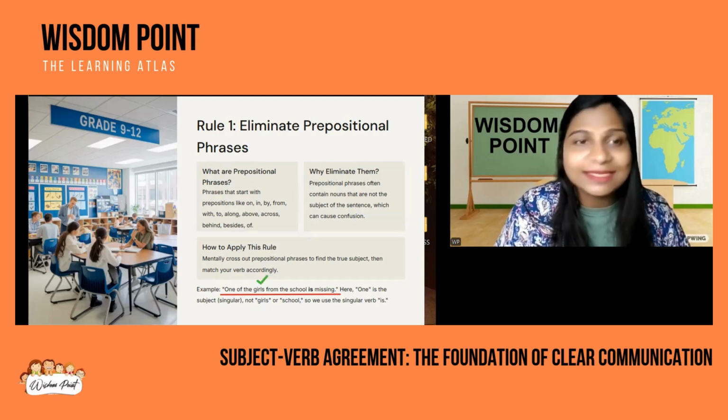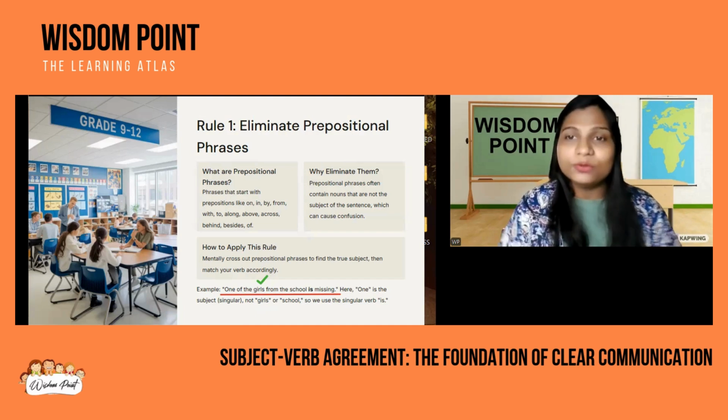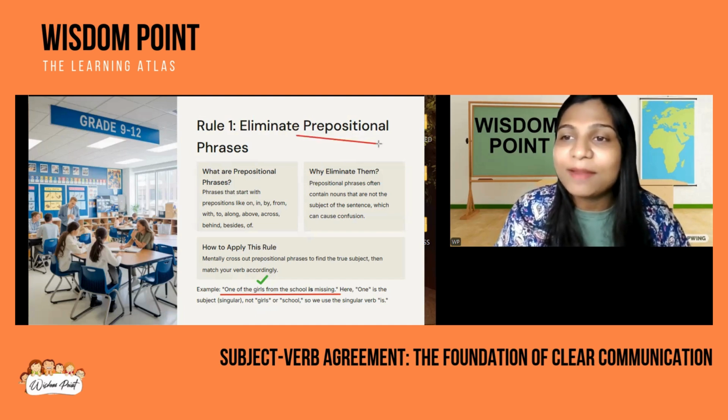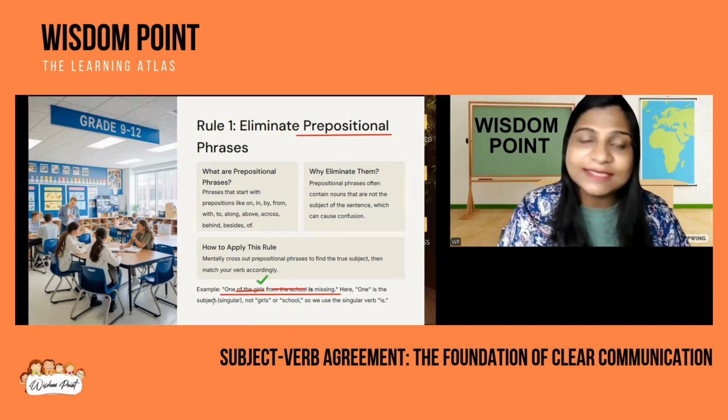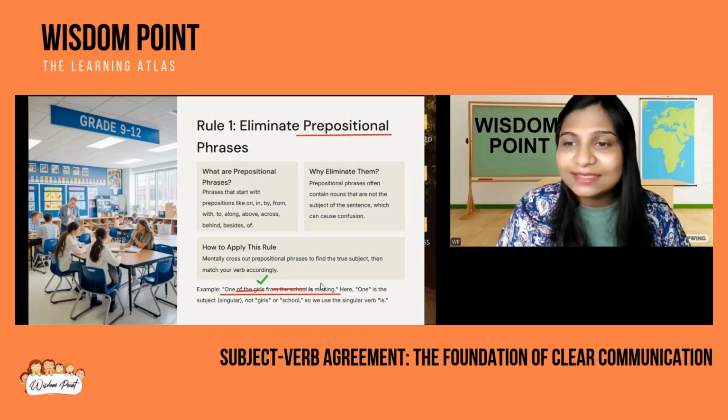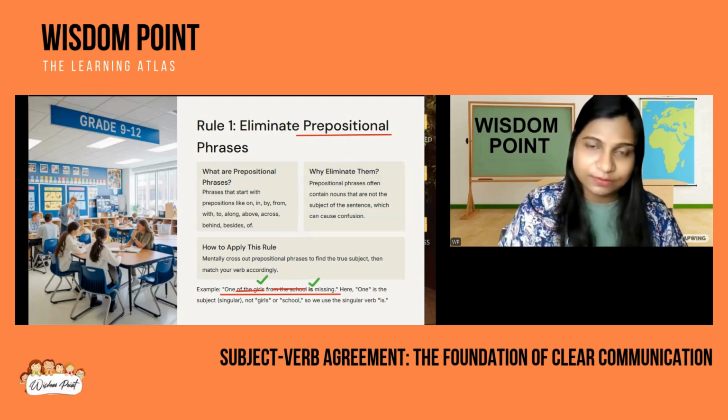So what you can do here is, even if you don't know where to use what, you can use this technique, that is eliminating prepositional phrases. You can eliminate of the girls, from the school. And it becomes very easy to identify the subject. Now, what is my subject here in the given sentence? One. One is singular, and that's the reason a singular verb is used here.